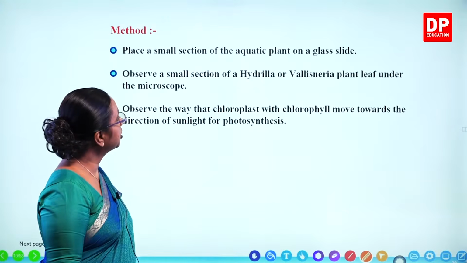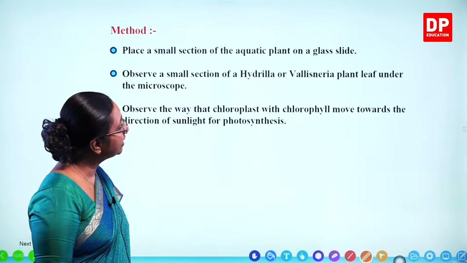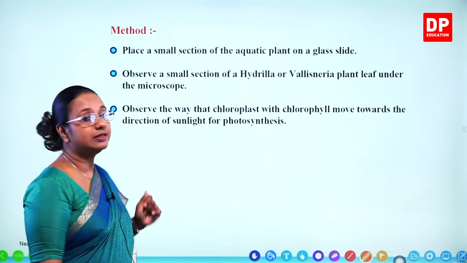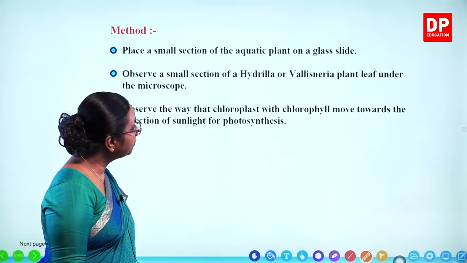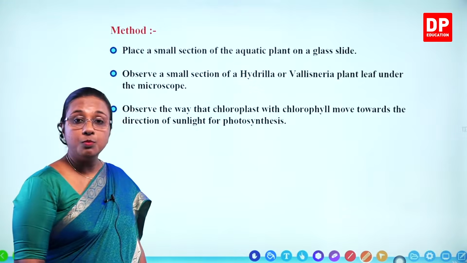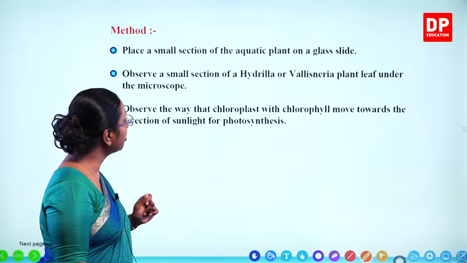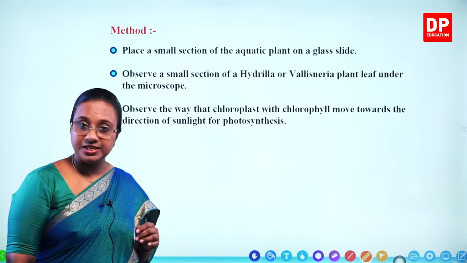Observe a small section of a Hydrilla or Vallisneria plant leaf under the microscope. Observe the way that chloroplast with chlorophyll move towards the direction of sunlight for photosynthesis.